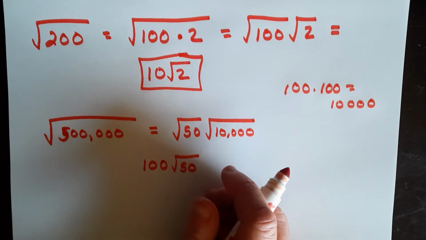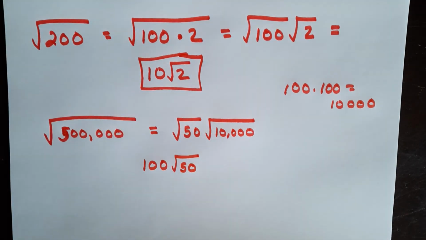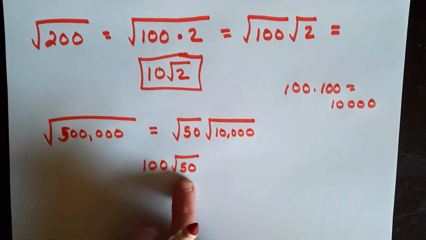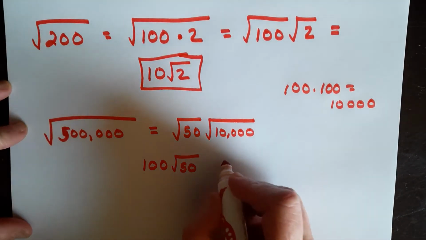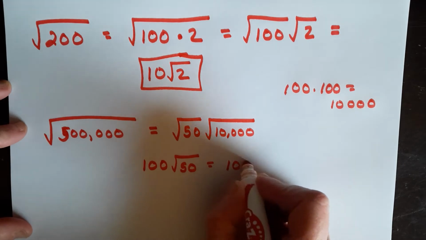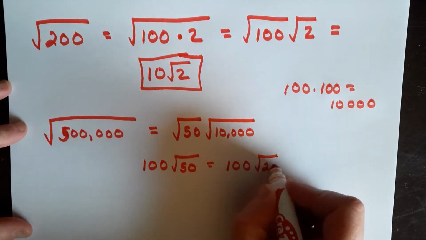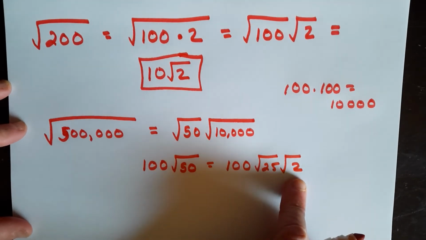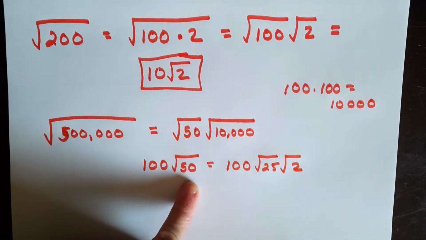But if we remember what we just looked at, the square root of 50 can be simplified even farther. So we need to simplify this one even farther. So it becomes 100 times the square root of 25 times the square root of 2, because the square root of 25 times the square root of 2 is the same as the square root of 50.